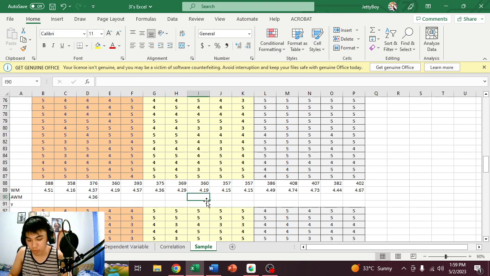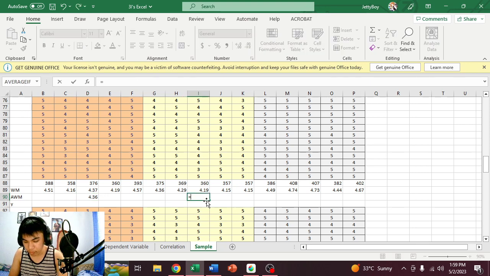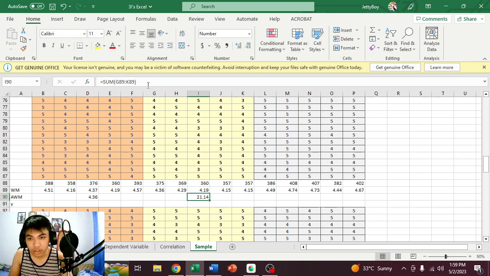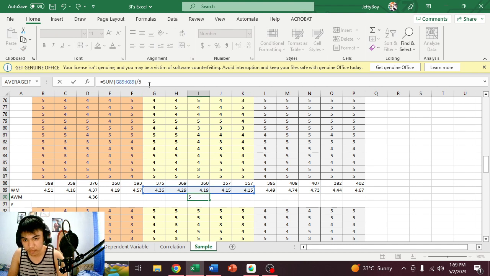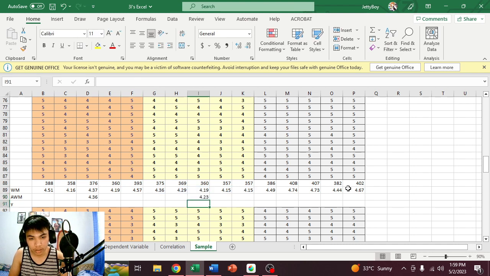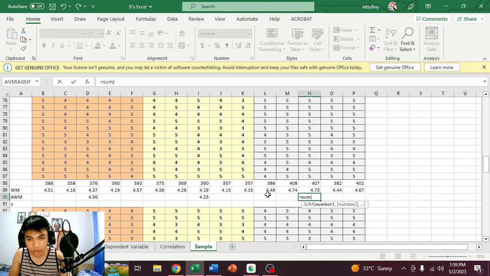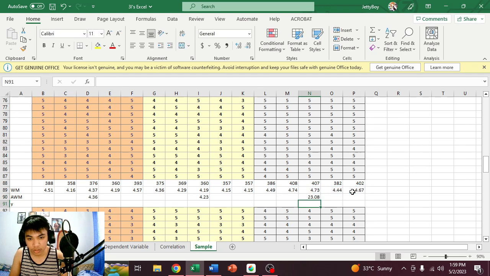I want to do the same with this. Okay, dahan-dahan muna natin gawin dahil baka magkamali pa tayo dito. Now, divide it by 5. Same with this. Now divide it by 5 again.